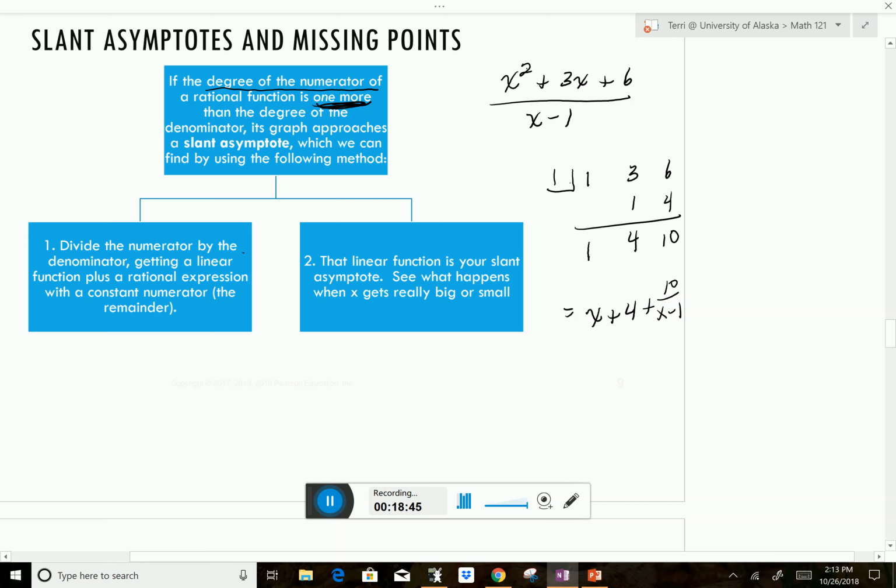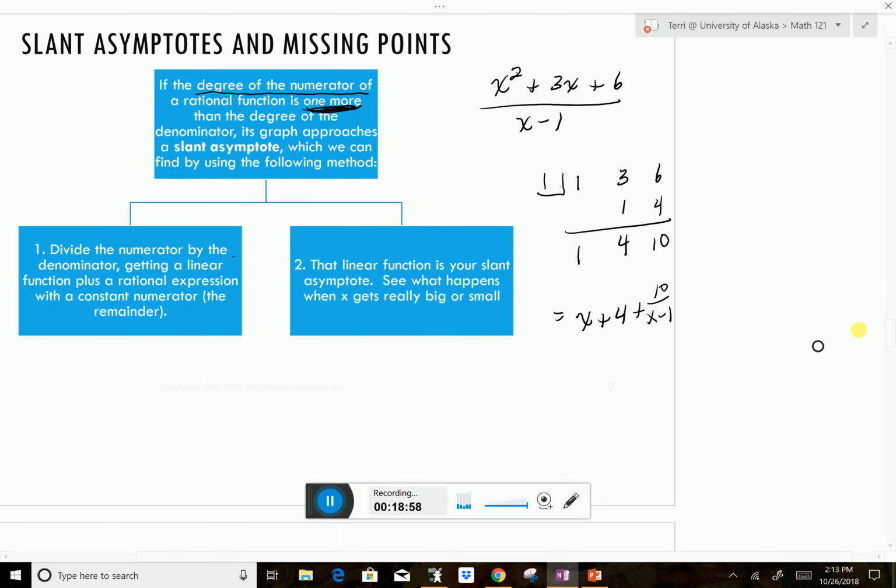So I want you to think about what's going to happen and what this thing is going to look like when x gets really big. If x got really, really big, what would happen to this piece over here? I want you to think about it. If x is huge, this would go to 0.